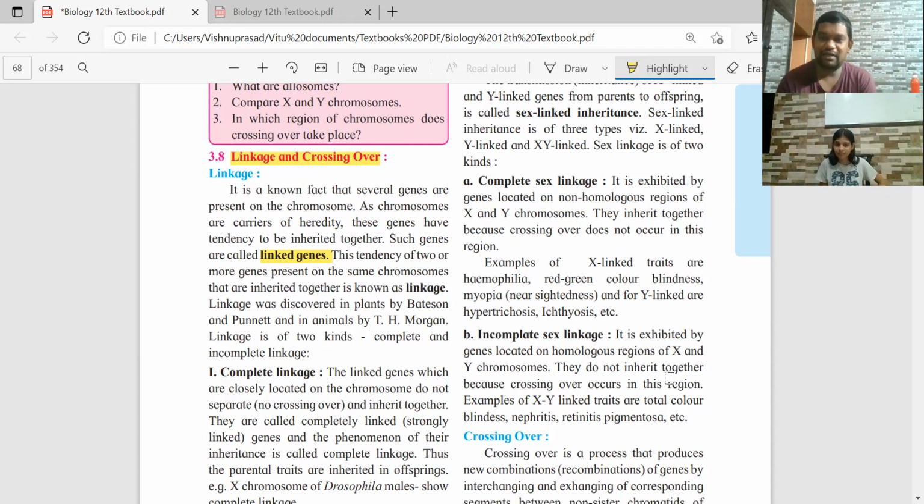They remain together and they inherit together. They are called linked genes. No separation between them mostly.